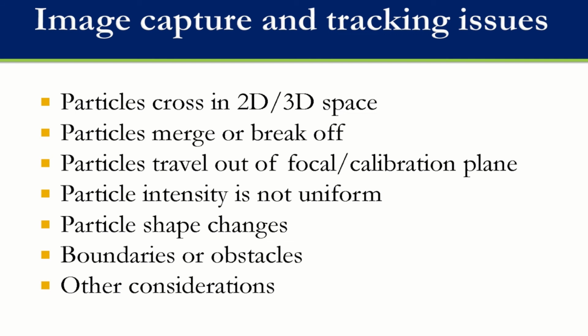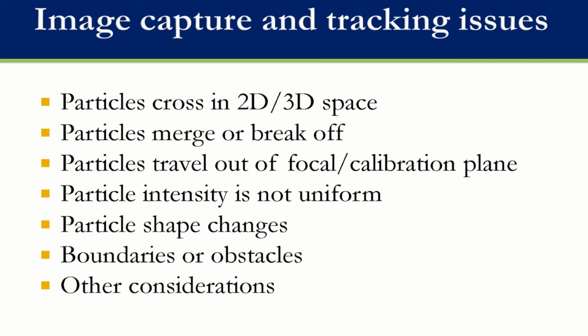So there are several issues that can occur when performing particle tracking in ProAnalyst. Particle tracking in ProAnalyst is performed using 2D captures of particle distributions with a traditional camera system. And when this is done, particles can cross in 2D or 3D space, and they can also merge together or break off one another.